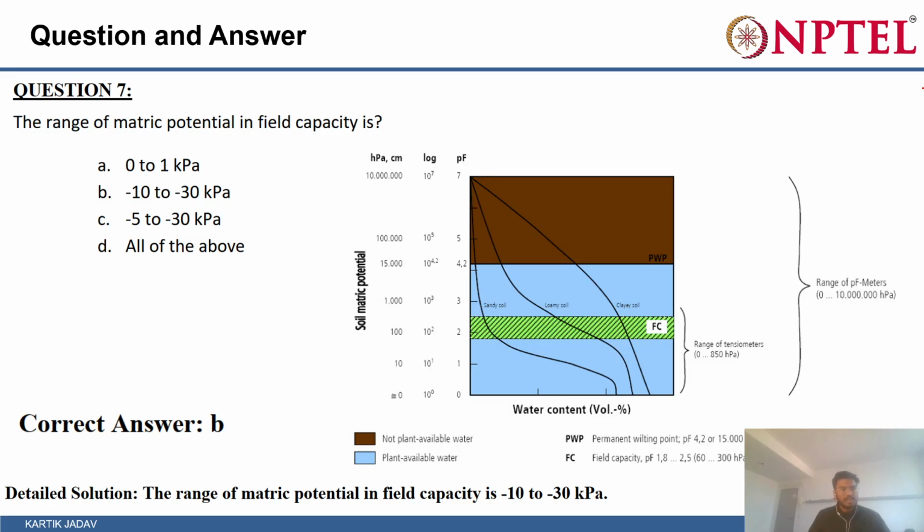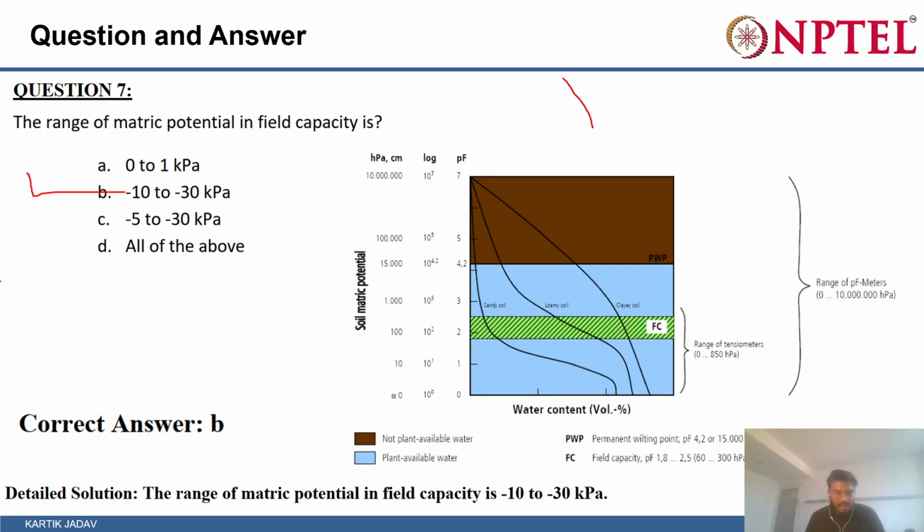Question number 7. The range of matric potential at field capacity is? You know that during field capacity, you can see the matric potential values. At field capacity it is in general between minus 10 to minus 30 kilopascal.